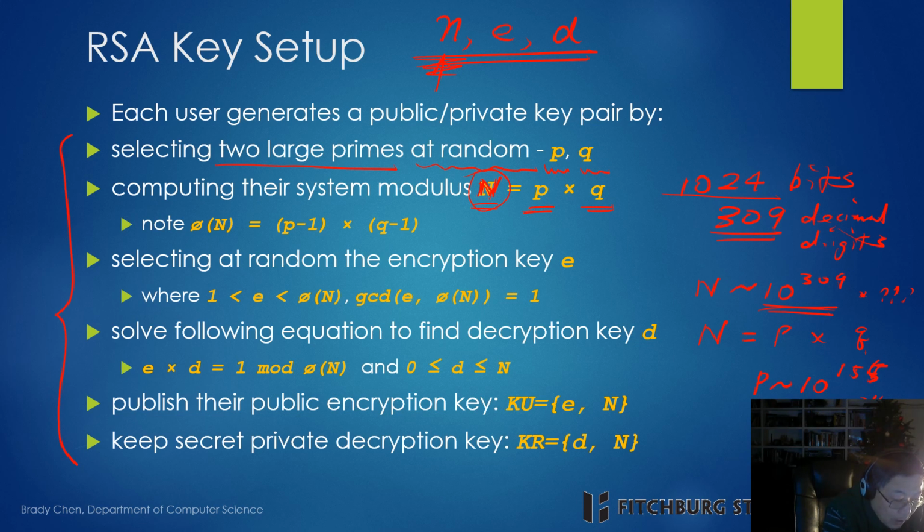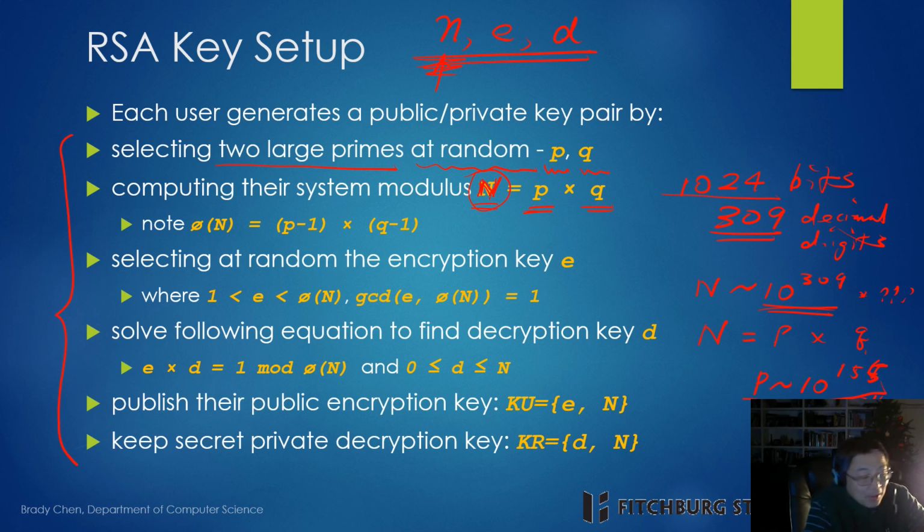That makes about 10 to the 309. So the value P should be in the neighborhood of 155 digits, and Q should be about 154 decimal digits. That's still a huge number, right?